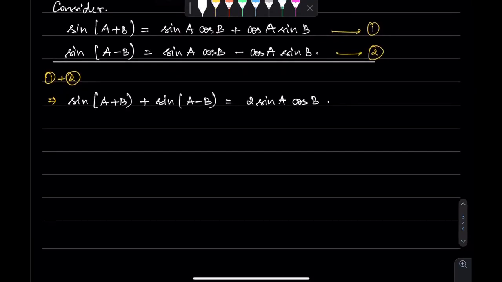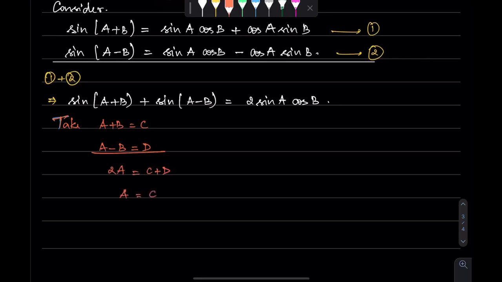I'm going to take A plus B as your C and A minus B as your D. You solve these 2. What is your A from this equation? If I take it like this, what is your 2A? 2A will become C plus D. And what is your A? A is exactly C plus D by 2.